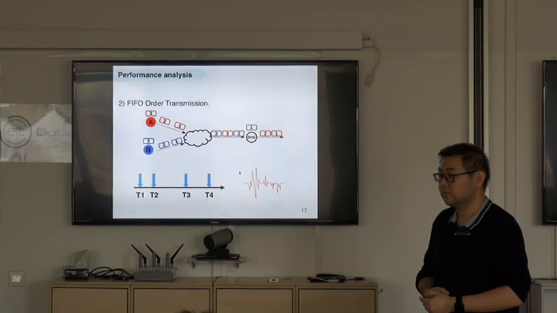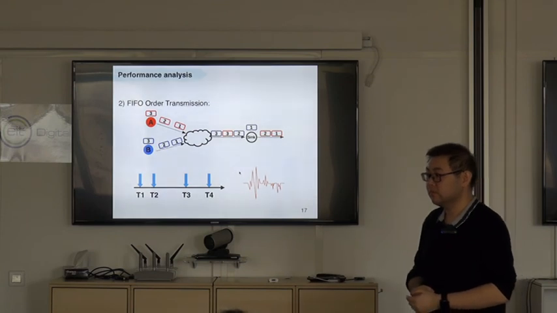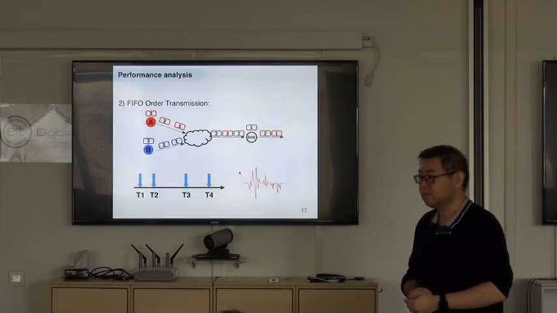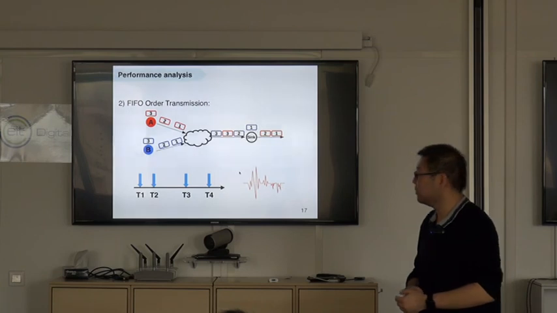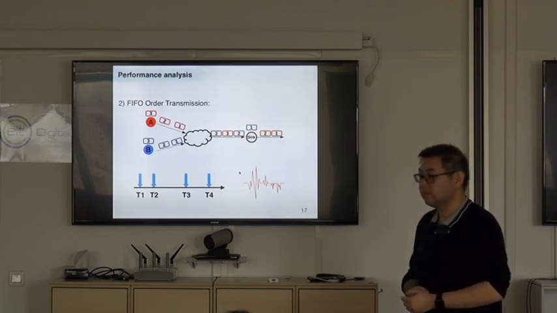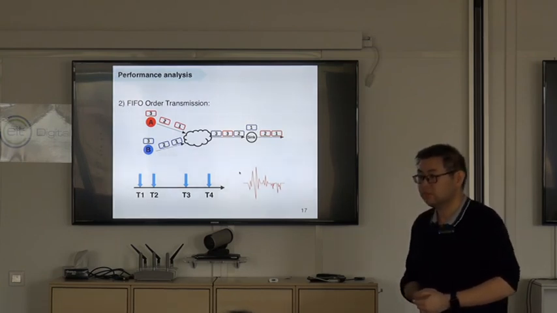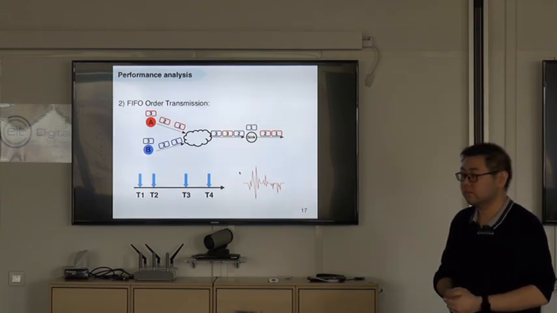And if you are talking about 5G latency constraints, for URLLC it is less than 1 millisecond. There is no way to do packet ordering at the moment.